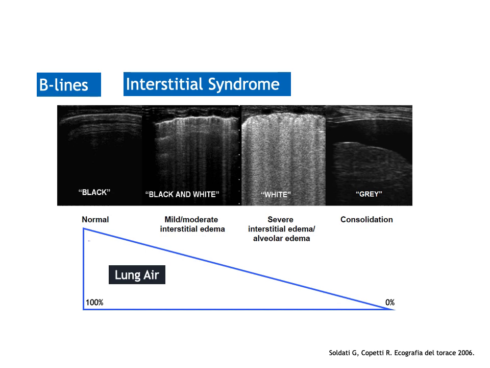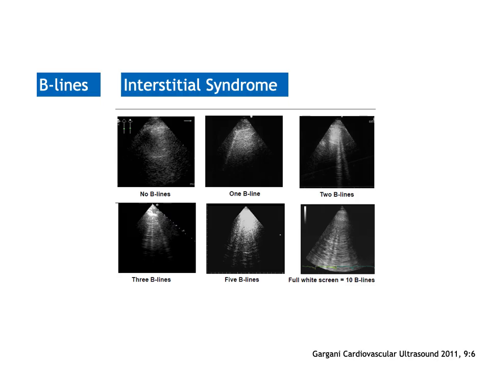So we have the A pattern here, normal aeration. We have the B pattern, in which you have mild to moderate loss of aeration, and you have the C pattern, the consolidation, in which you have severe loss of aeration. And these are different grades of the alveolar interstitial syndrome.